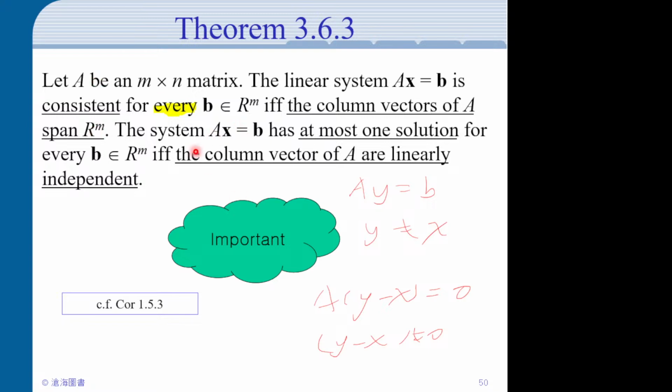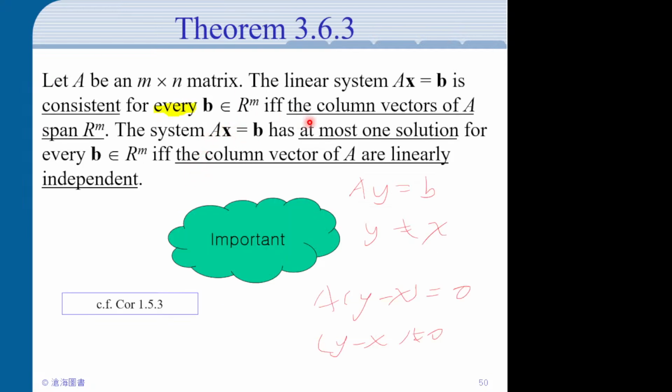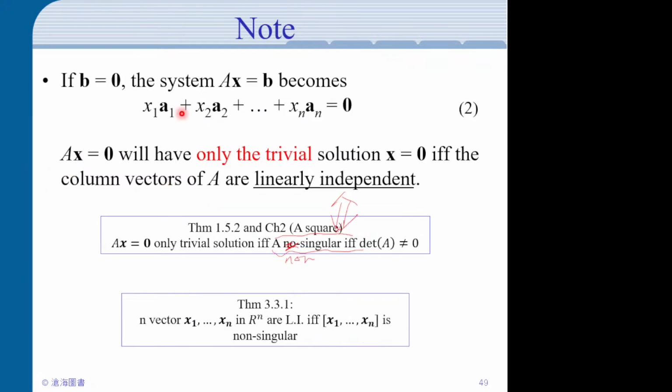Then we have this characterization that uses the homogeneous equation. It says that Ax equals b has at most one solution if and only if the vectors of A are linearly independent. It's a generalization of this: the columns are linearly independent if and only if Ax equals 0 only has one solution.